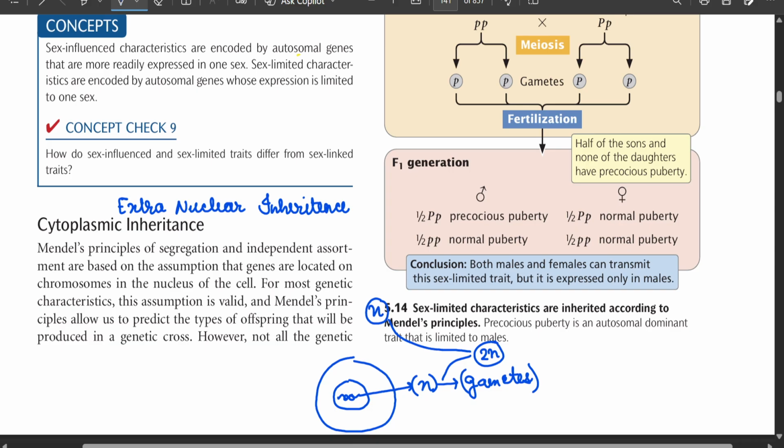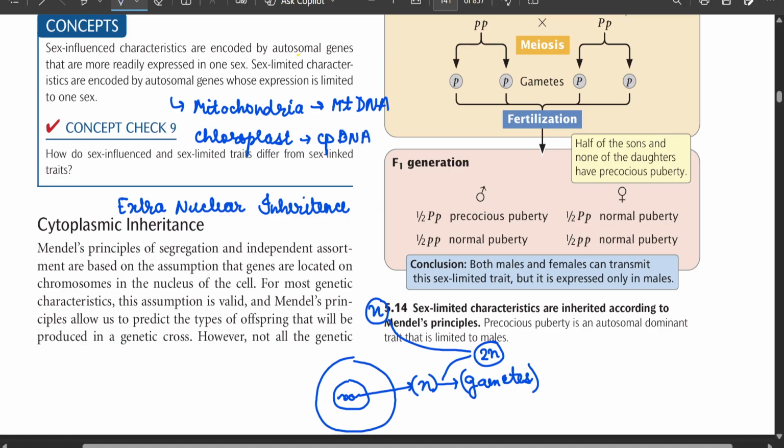Can you guess of any other place where DNA is present except for the nucleus? So yes, DNA is present in two specific organelles, that is mitochondria, where it is known as mtDNA, and then there is also the chloroplast, where it is called cpDNA.